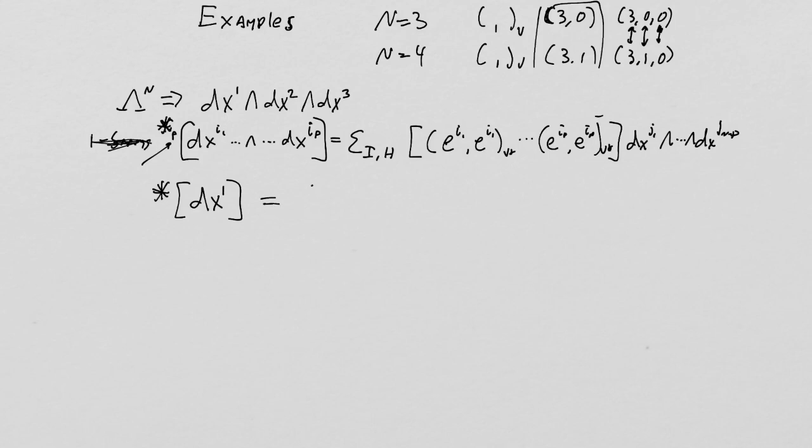Okay, so the multi-index I is just 1, that's all there is. So what's in H? Well, H is everything left over. So there's 2 and 3 left over. I'll just pick an ordering, 2, 3. It doesn't really matter what ordering I pick of these J's. This epsilon will take care of the sign that's induced by flipping the J's.